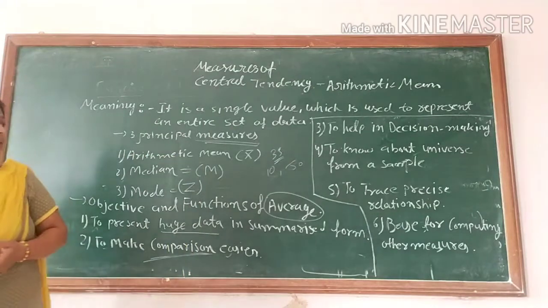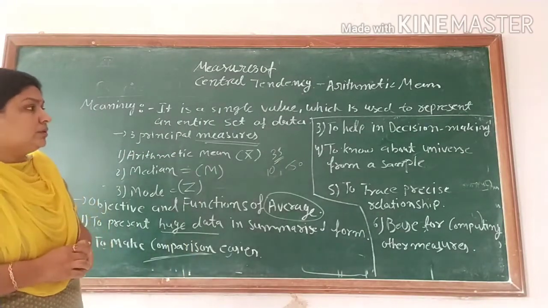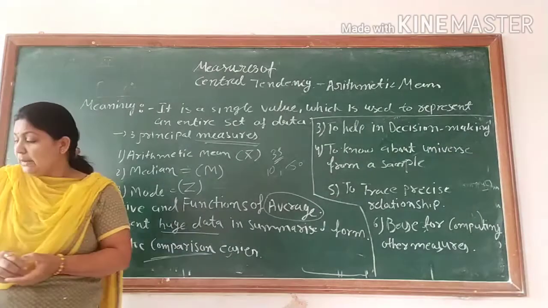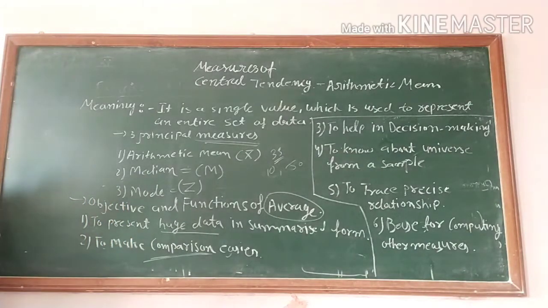Next is the fifth one, to trace the relationship. It means average becomes essential when it is desired to establish the relationship between the different groups of the quantity terms. Next, base for computing other measures.